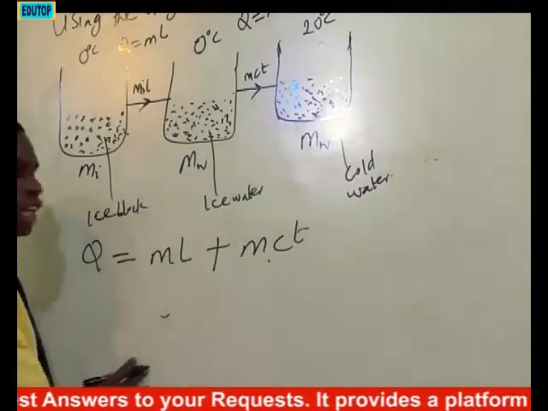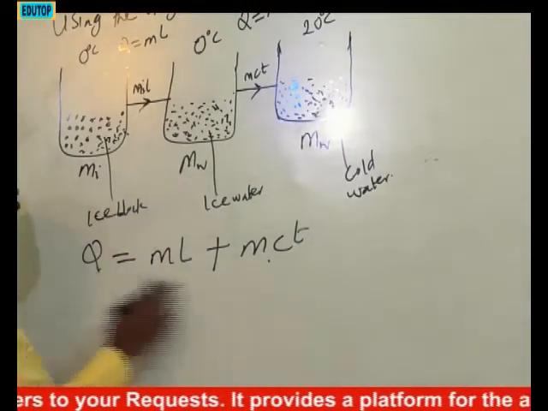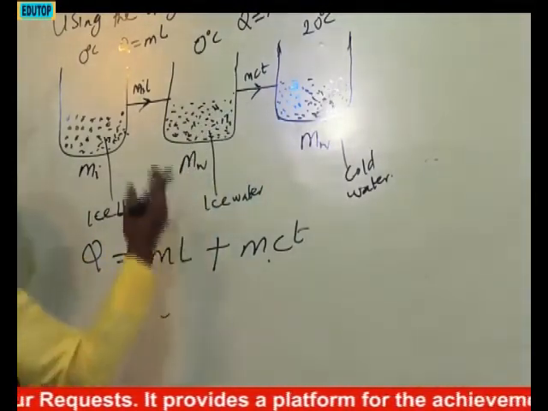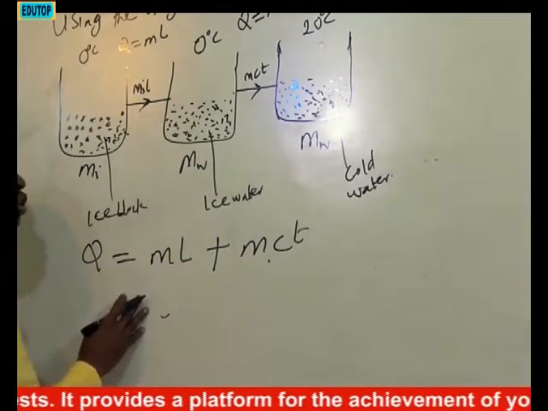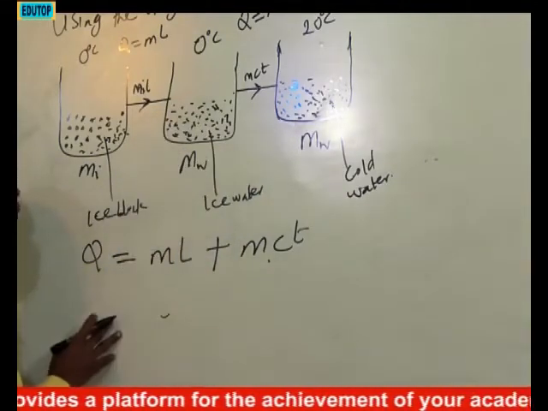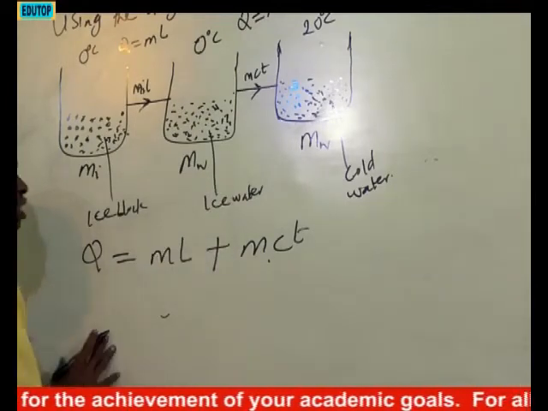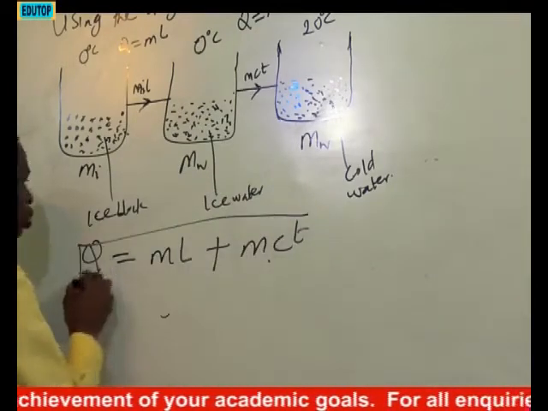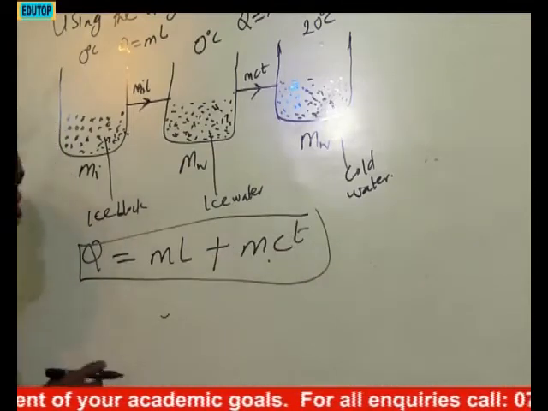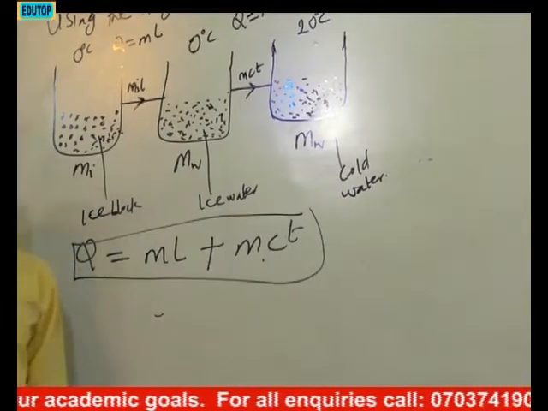That is what we have been trying to solve when we did specific heat capacity the other time. When we are doing quantity of heat, we also go through something like this.